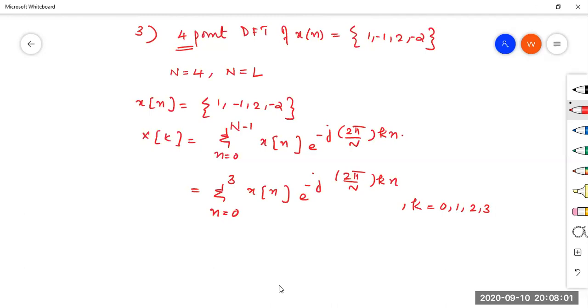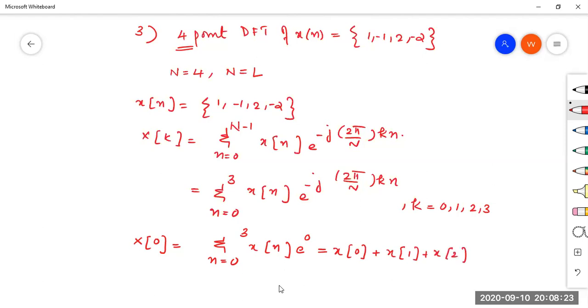Now we'll find one by one. First is X of 0. X of 0 is equal to sigma n equal to 0 to 3 x of n e raised to 0. Now the answer is x of 0 plus x of 1 plus x of 2 plus x of 3, right?